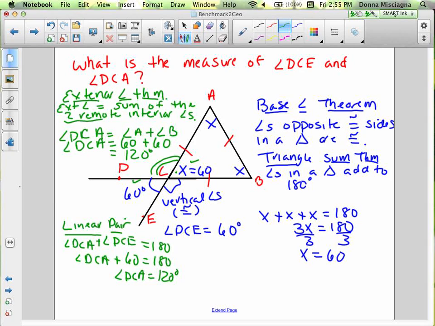So two different ways, technically three, but two main ways to solve for that angle, angle DCA.